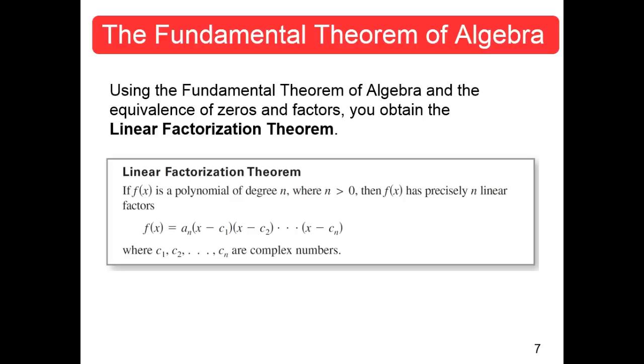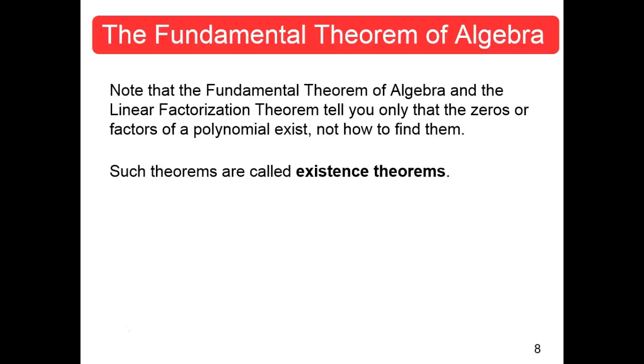So the earlier theorem said it has precisely n zeros. This says we have precisely n factors. You could have a constant out in front too. It's not really a factor because that's not a solution in any way. Note that the fundamental theorem of algebra and the linear factorization theorem tell you that the zeros or factors of the polynomials exist.